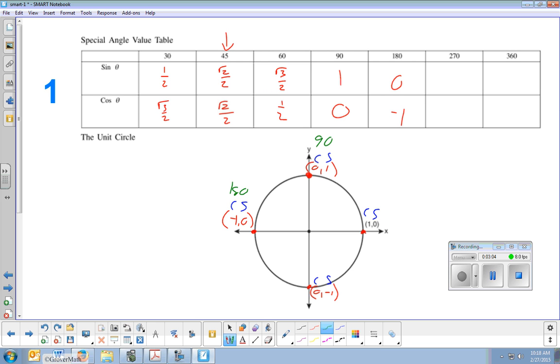At 270 degrees, sine is -1, cosine is 0. And at 360 degrees, which is also the same thing we know as 0 degrees, sine is 0 and cosine is 1. But again, simply type into your calculator cosine 270, it's going to tell you 0. If we ever need tangent, we do sine divided by cosine.